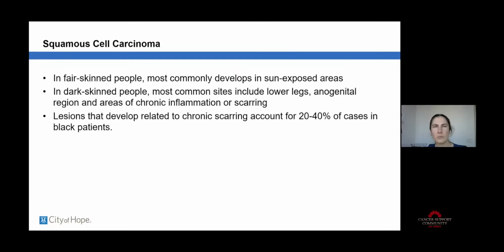In darker-skinned people, it tends to be more on the lower legs or anal genital regions, areas that don't typically receive a lot of sun exposure, and can be associated with chronic scars or inflammation. That's usually about 20 to 40% of the cases in darker skinned people. There is a squamous cell carcinoma that forms in relationship to a scar.